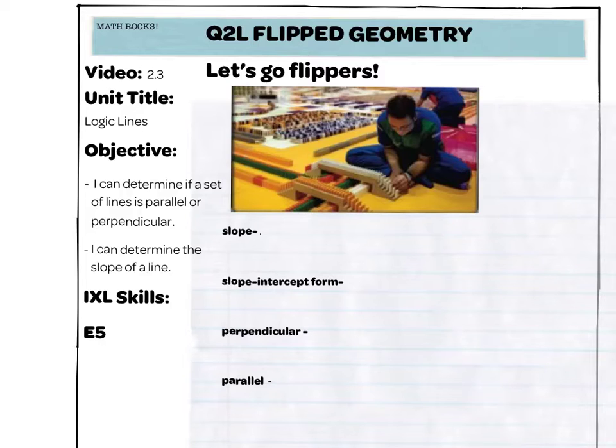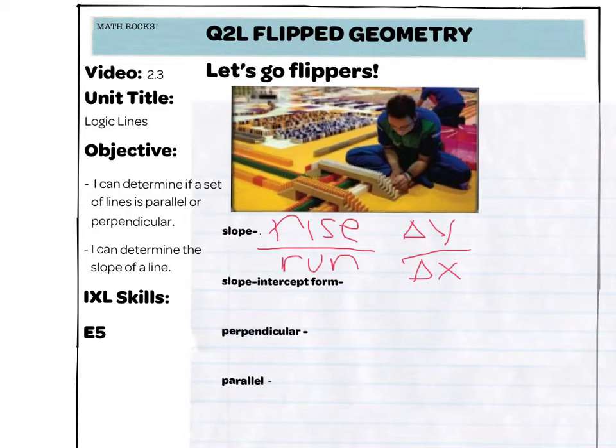Okay, let's go. First, to understand if a line is parallel or perpendicular, we must understand what slope is, because that determines what our lines look like. So let's think back to algebra. We know that slope is rise over run. Remember, that's the change in our y's over the change in our x values.